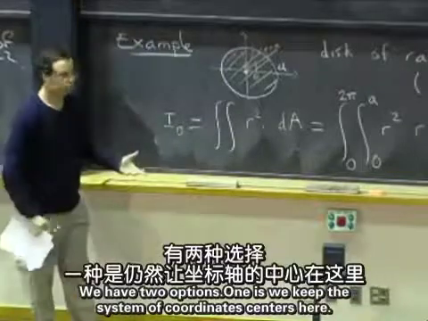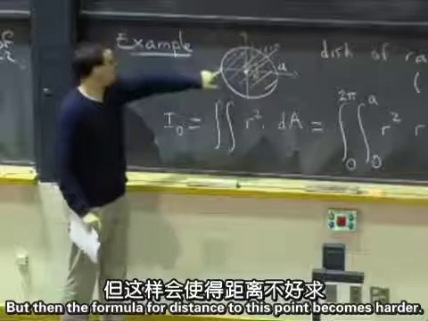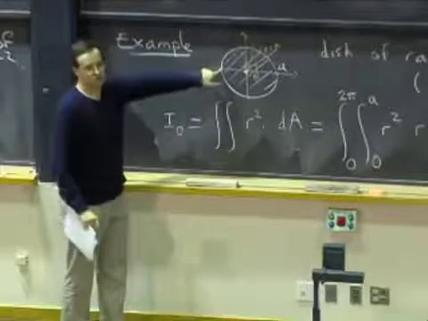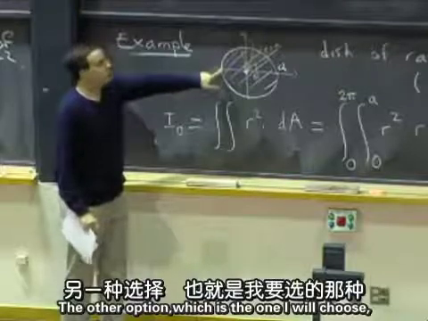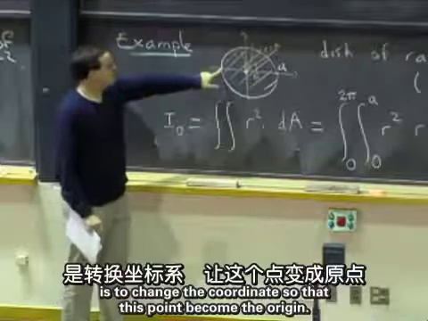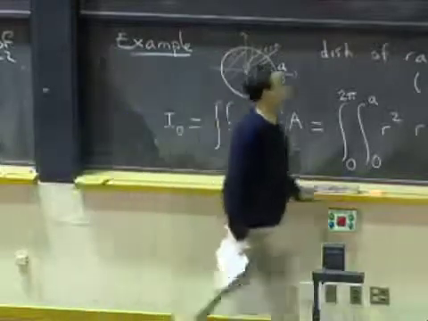So we have two options. One is we keep the system of coordinates centered here, but then the formula for distance to this point becomes harder. The other option, which is the one I will choose, is to change the coordinates so that this point becomes the origin. Okay, so let's do that.